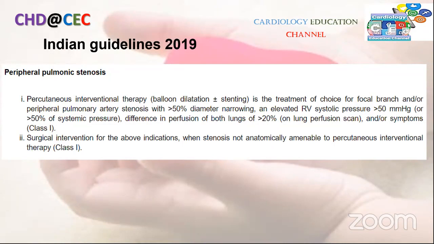Although by 2D the valve looks thickened or has some restricted mobility, sometimes we relate this to the severe pulmonary hypertension because we have a large PDA.